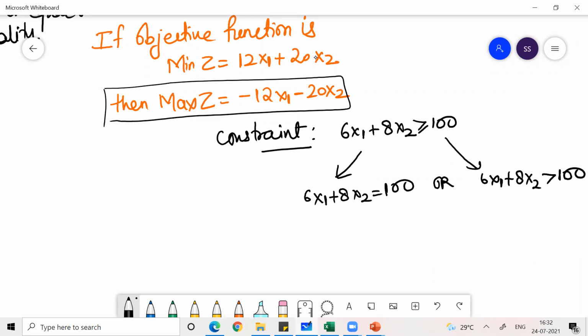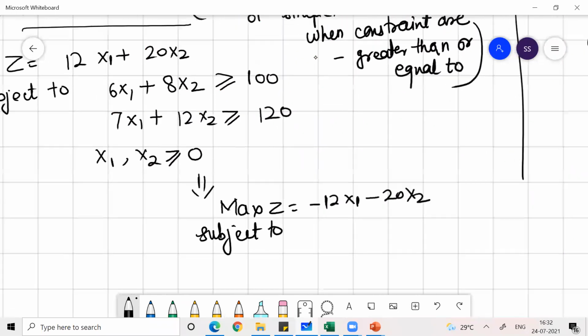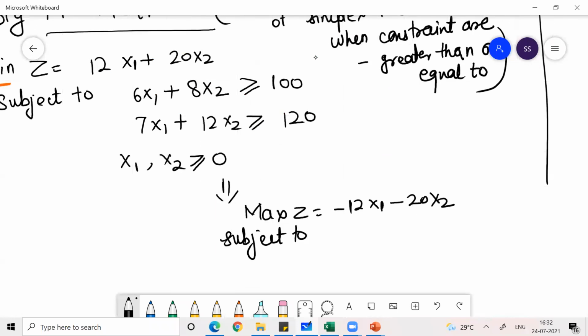So now if you see the constraint here, 6x1 plus 8x2 is greater than or equal to 100. What can I do to make it equal to 100? I have to use some slack variables, some dummy variable, so that your LHS becomes equal to RHS.